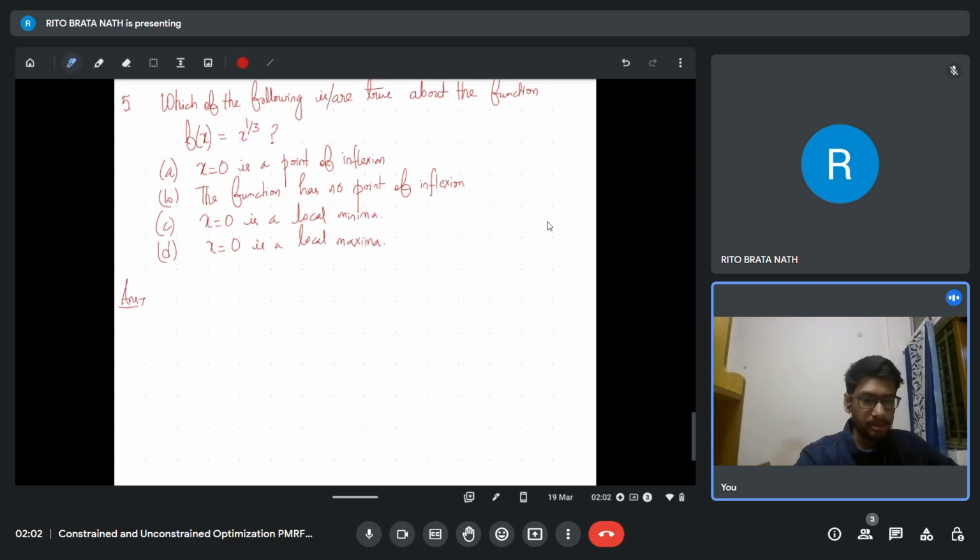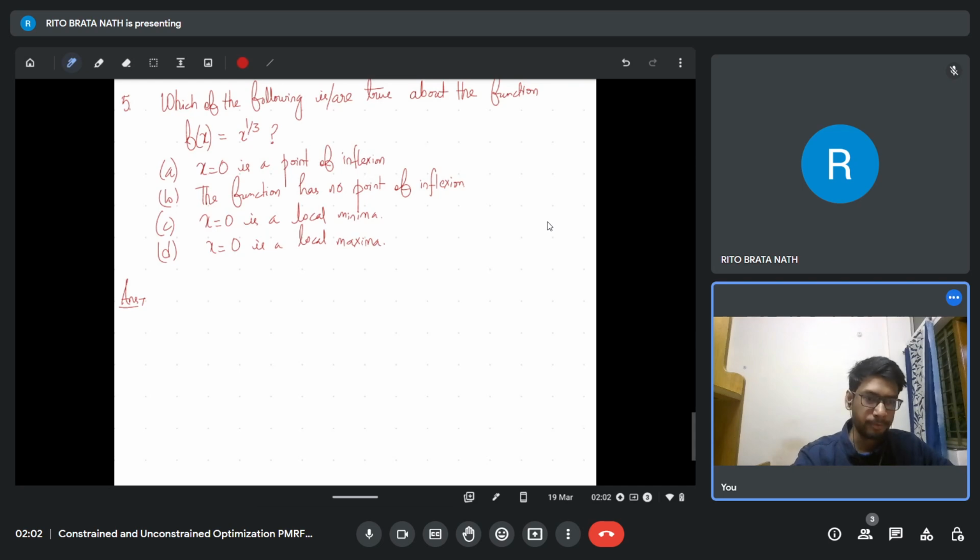So in order to get this local minima, local maxima, we have to anyway do this first and second order derivatives, and also for the point of inflection we have to do the second derivative test, and if it is 0 and the third derivative, I think.